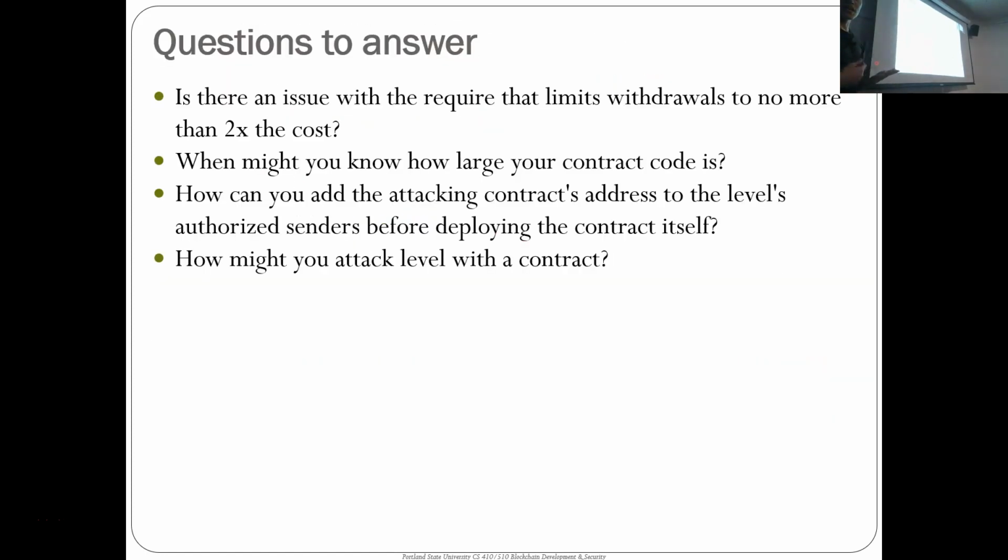So the issue here is that when you are executing the constructor, that code size is actually still 0. Because you haven't actually committed the contract into the blockchain yet, but you are sitting there executing code, and you can play the scratch card game in the constructor of a contract.